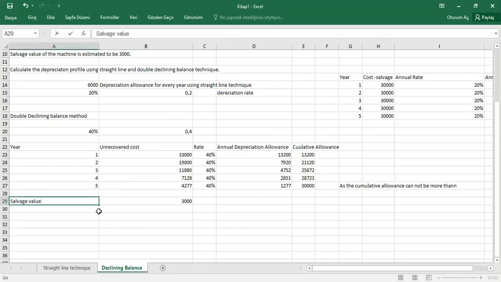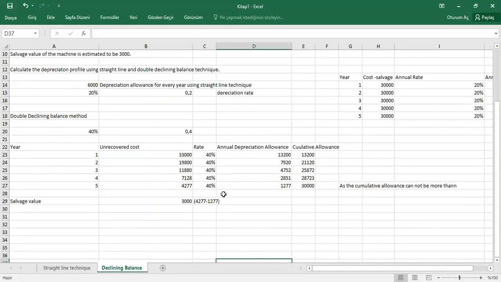Salvage value, which is actually dollars minus dollars now. Okay, so it means that if you are gonna sell your equipment at the fifth year, what's gonna happen? You have depreciated $1,277 off $4,277, so that you are ending up with having $3,000 of the value of the equipment. So you can sell it for $3,000.